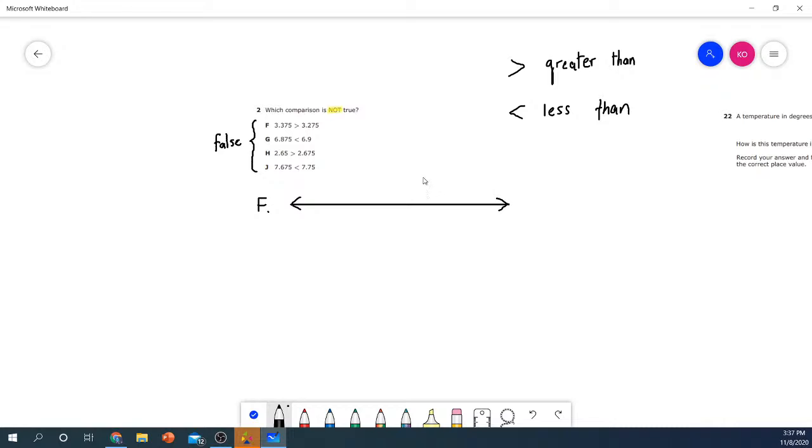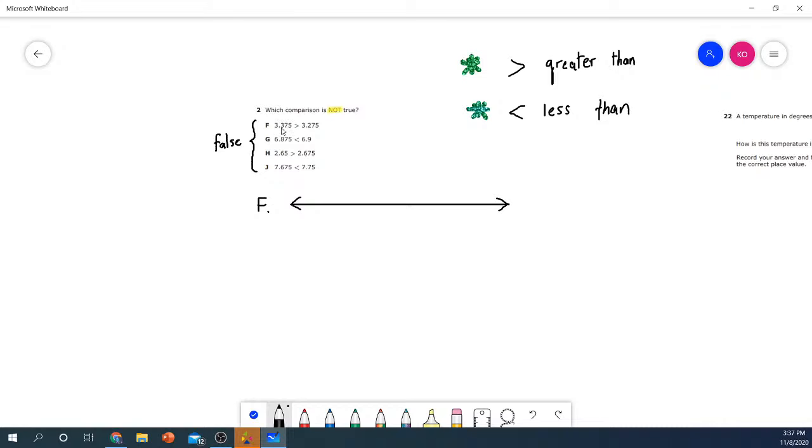This symbol is greater than, this symbol is less than. Let me put a star next to it to show how important this is. So: greater than, less than.